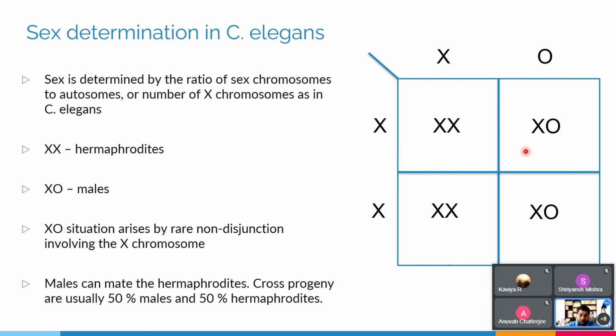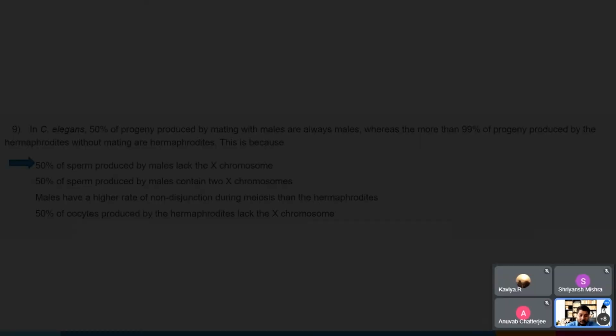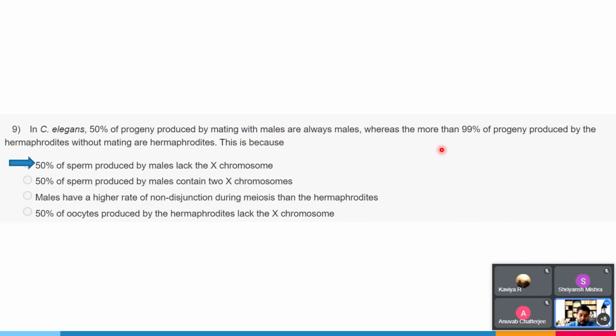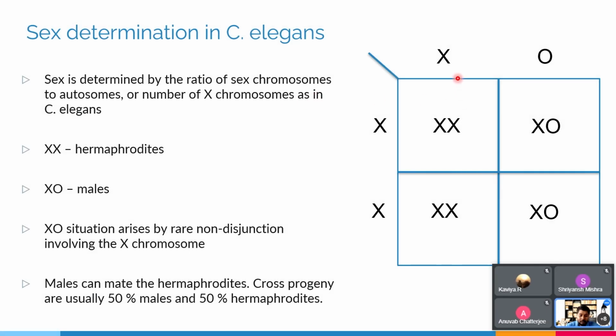Is that okay? So essentially, the answer is number one. And the hermaphrodites can fertilize their own embryos, and that is why they can produce progeny by themselves. They do not need a mating partner. So in that case, the sperm will be XX and the oocytes will also be XX.